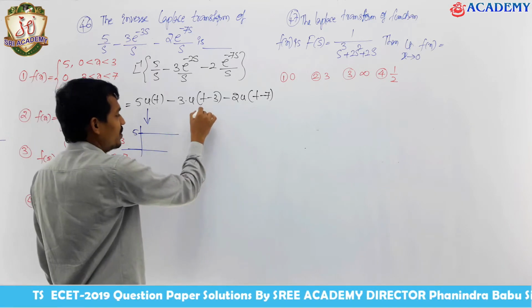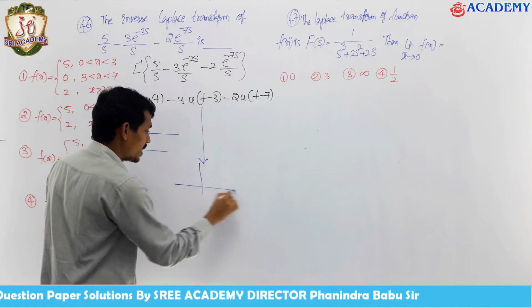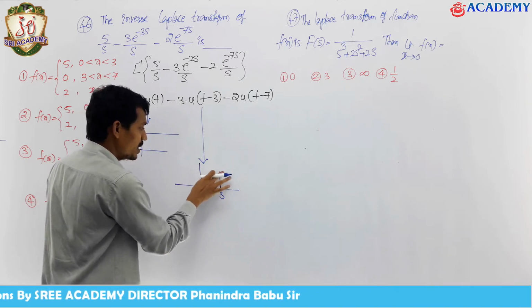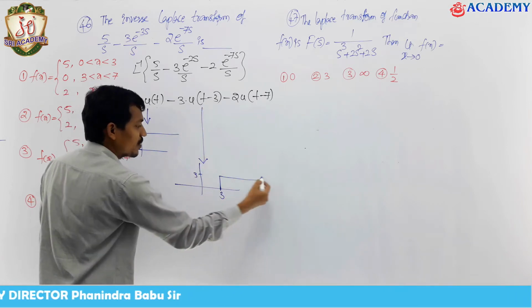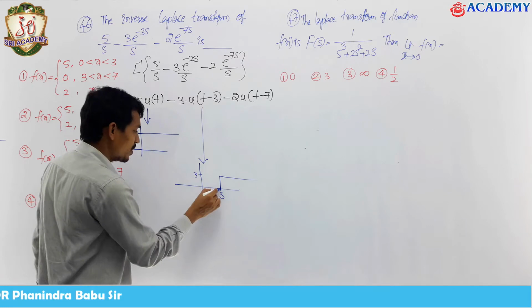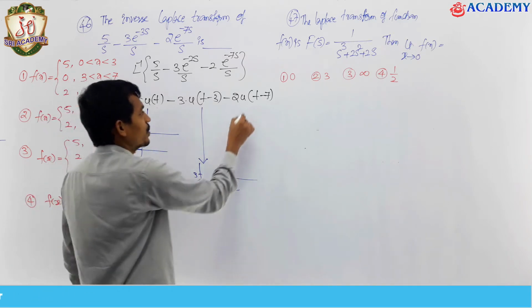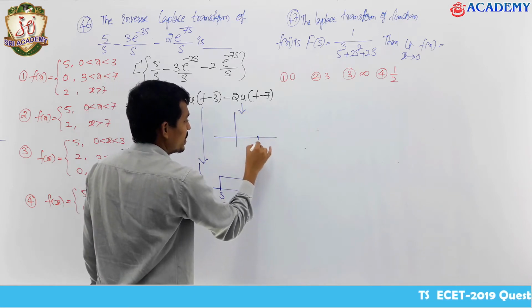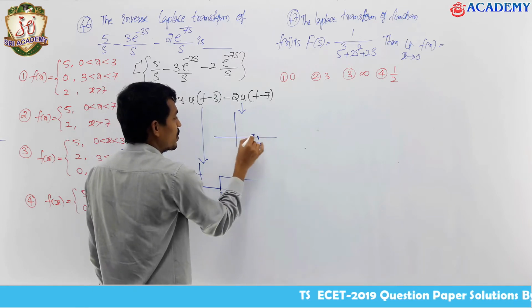For the next one, it starts at 3, and before 3 it is 0, after 3 it is always 3. For the last one, after 7 it is going to be 2.